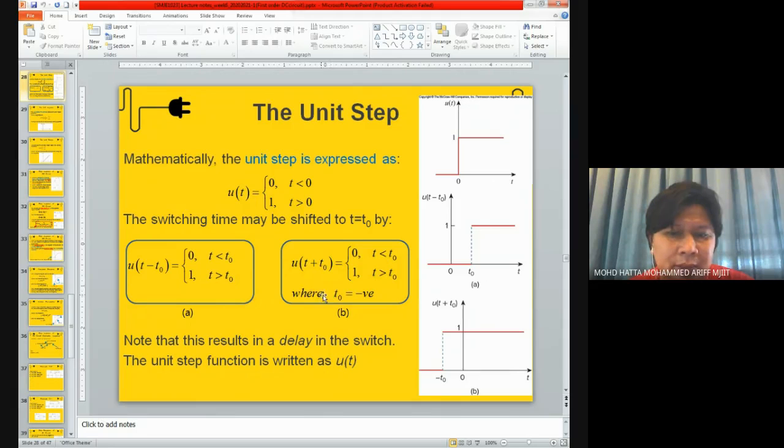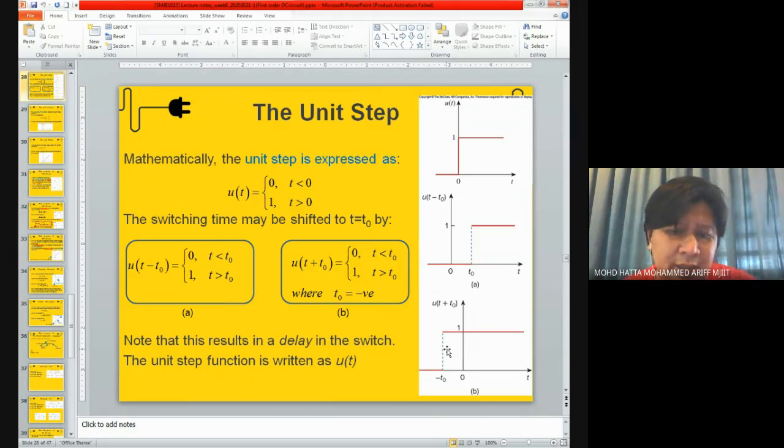So what happens here, we write u of t plus t naught, basically this is minus of negative t naught, and it equals 0 for t less than minus t naught and 1 for t greater than minus t naught. Bear in mind that this kind of equation is given by this kind of response. So the unit step is shifted to the left hand side.